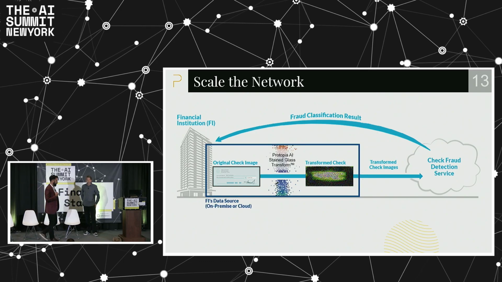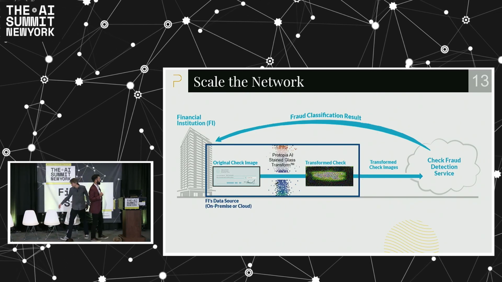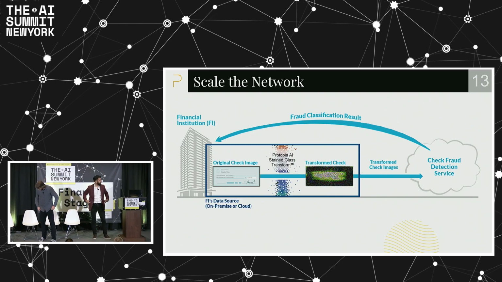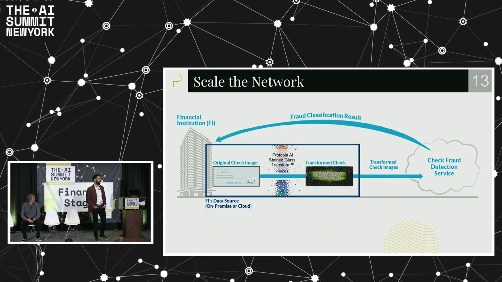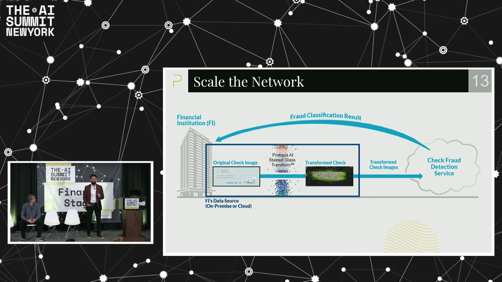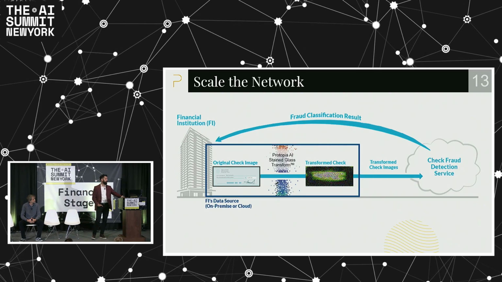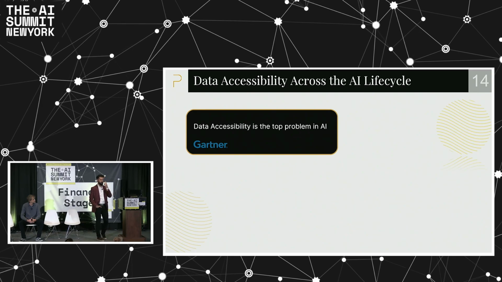Thank you, Jesse. So the problem that exists in this scaling of the network that Jesse's talking about is really part of a much broader problem around data accessibility, right?